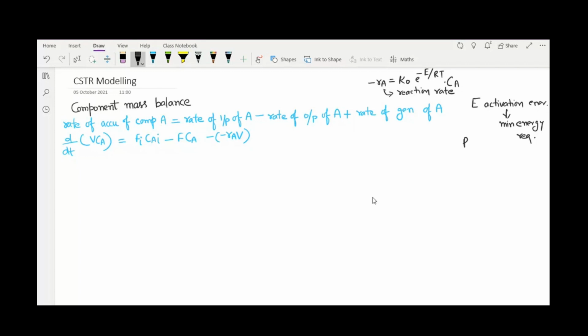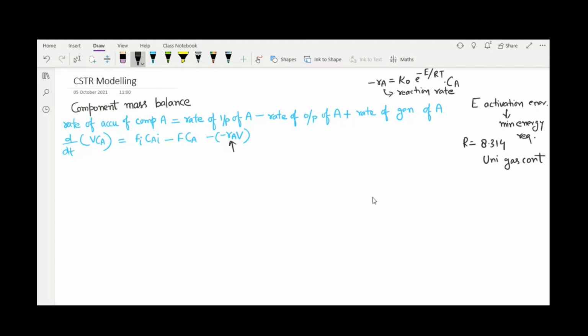The value of R is, I think, 8.314 something. This is the universal gas constant, right? So this is the rate of reaction. After we complete this, we will substitute Ra here.